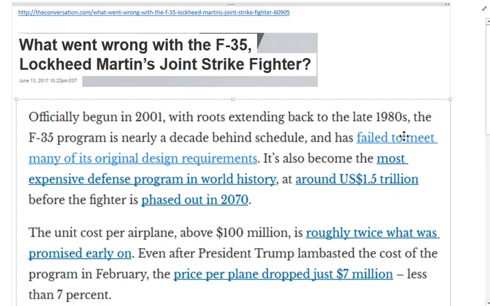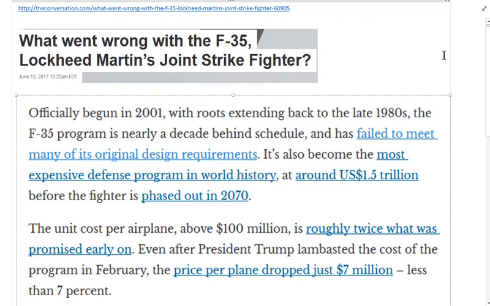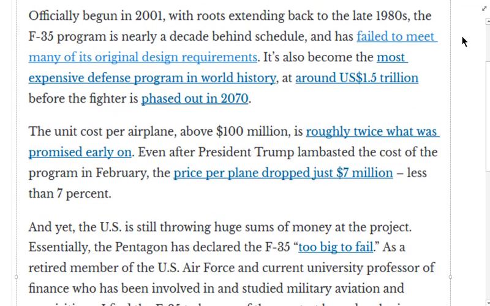The Joint Strike Fighter, the F-35, has cost way more than they thought. It's in production now and is actually in use, at least a little bit. It's not performing as well as they thought. But they've spent a lot of money already.